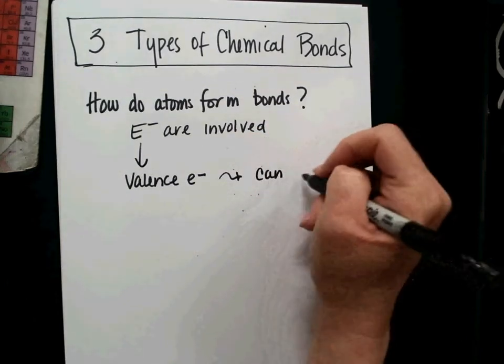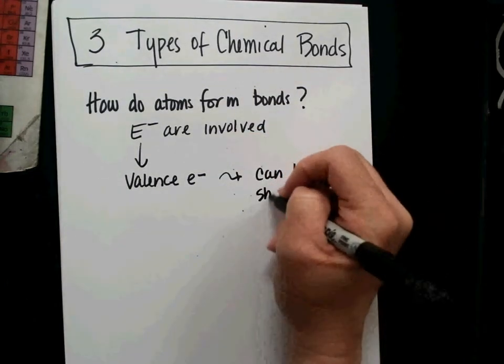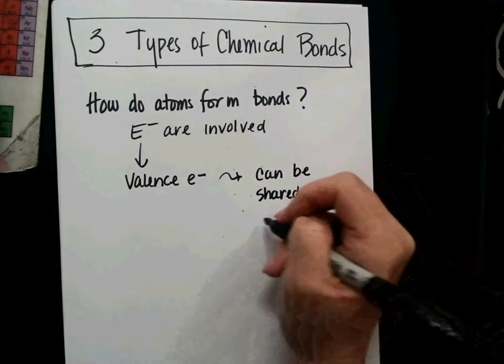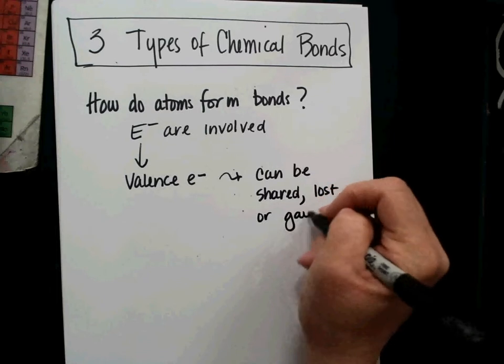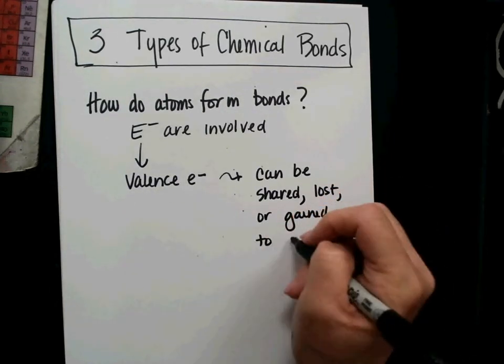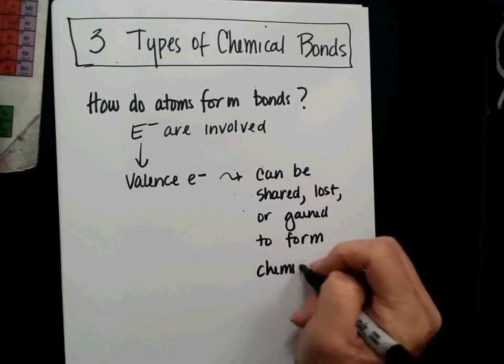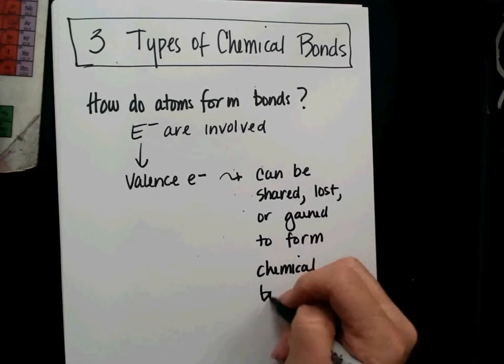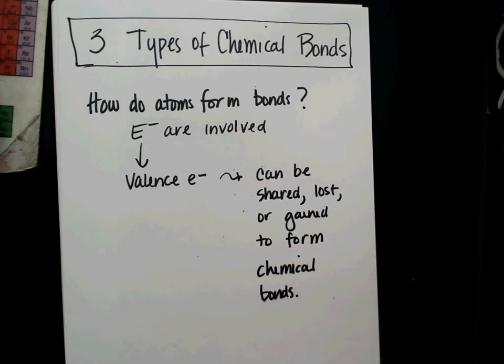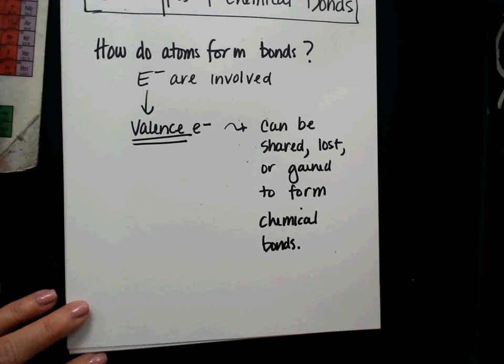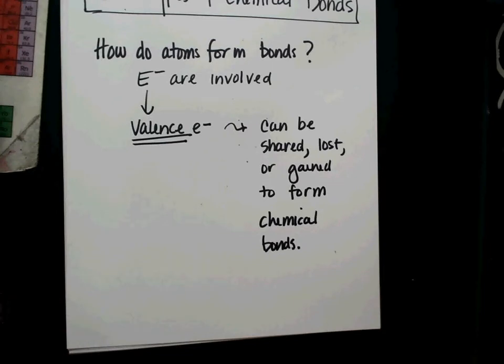They can be shared, lost, or gained to form chemical bonds. So every chemical bond is a result of either gaining, losing, or sharing electrons.